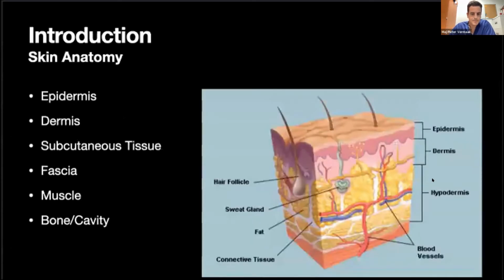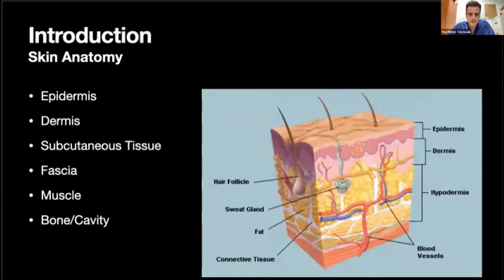So to understand wounds, you need to understand skin anatomy, because that's going to be your basis, and you don't need to know a lot. Basically, just how we subdivide the skin into different layers. The most superficial layer will be your epidermis.